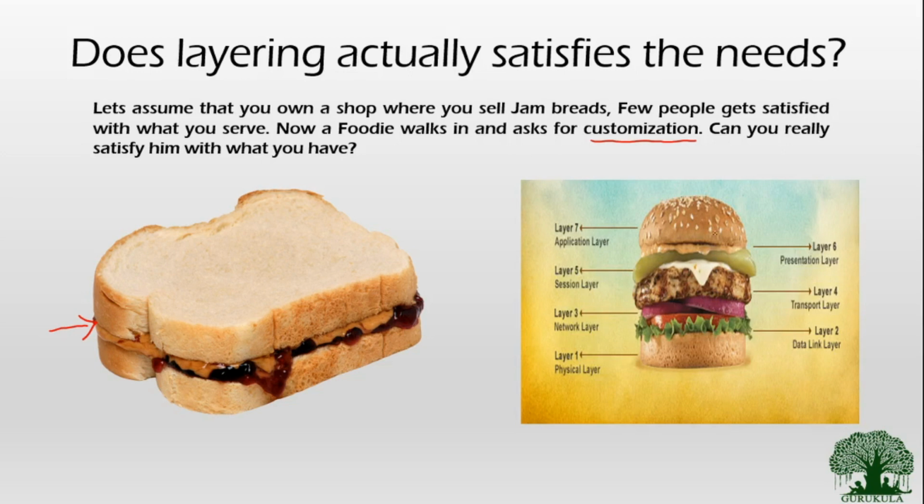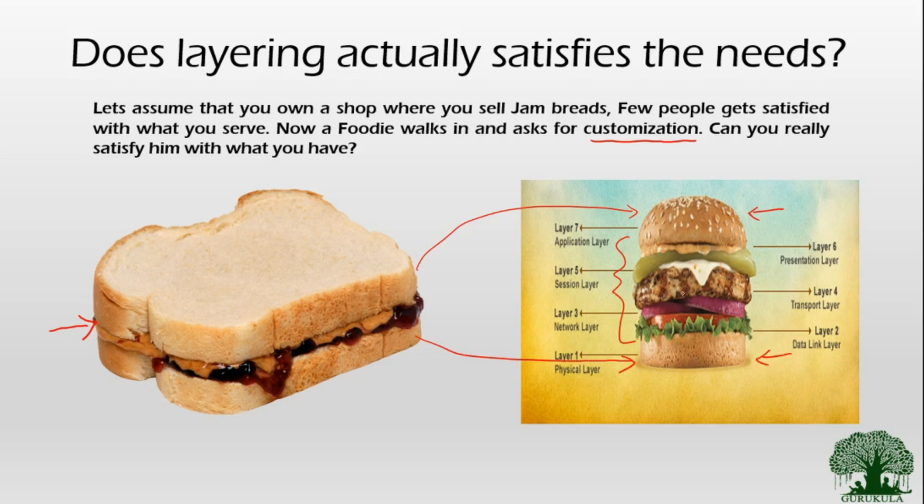Whereas in the burger type of architecture, the first layer and the last layer remain the same as what we had over here, but we have a hell of a lot of customization options in between. With this layered architecture, we have complete freedom of modifying this burger according to the requirement of any foodie.